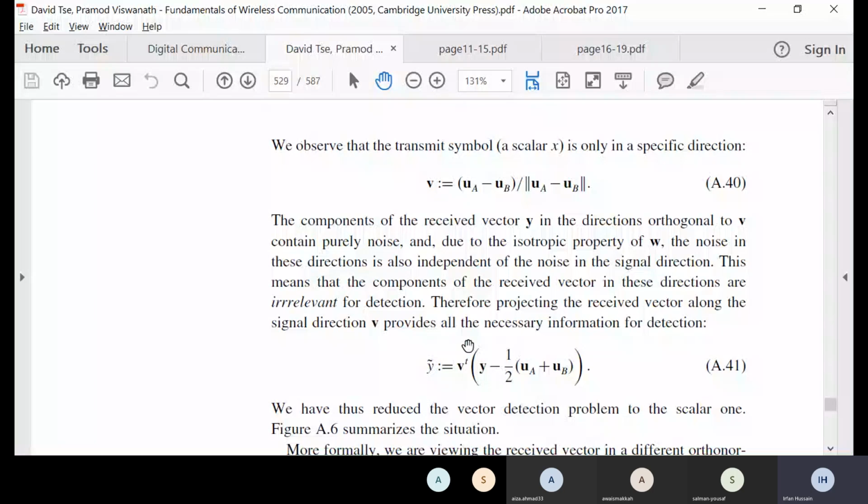If this is a vector and this is a vector and I project one onto another, from the dot product I will get a scalar value. So I base my detection on this number, on this Y. Once I do that, you can see that I have converted my problem from a vector detection to a scalar detection problem.